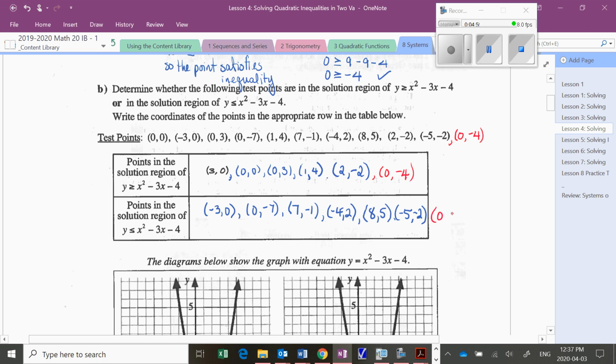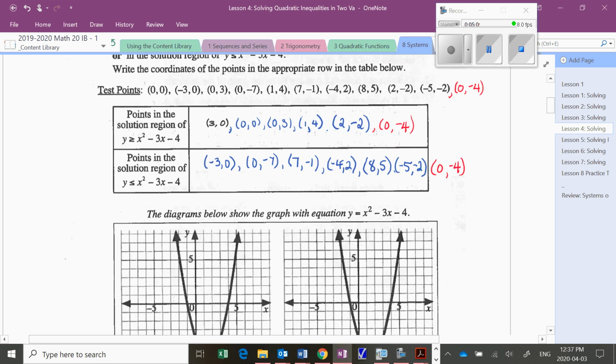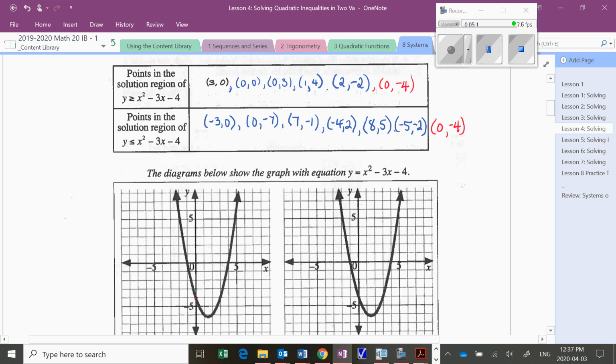I just wanted to bring that up because it's important to recognize that, especially if it's a greater than or equal to, less than or equal to, if the point is right on the graph, as it is in both cases here, then it is true for both cases.